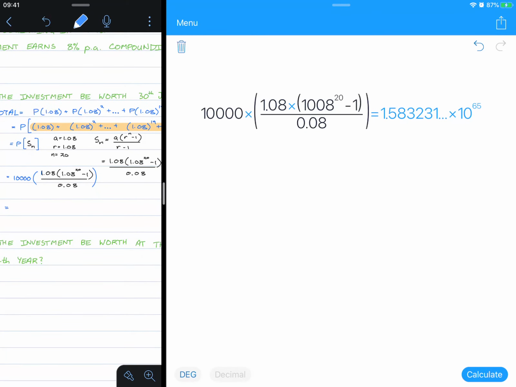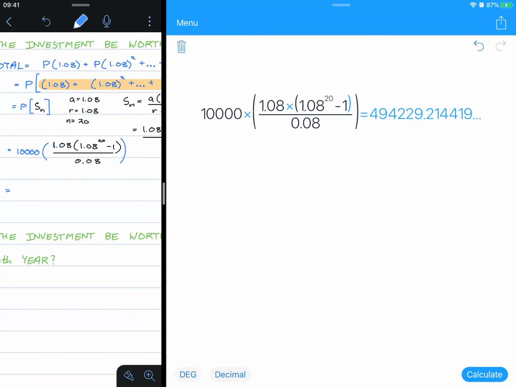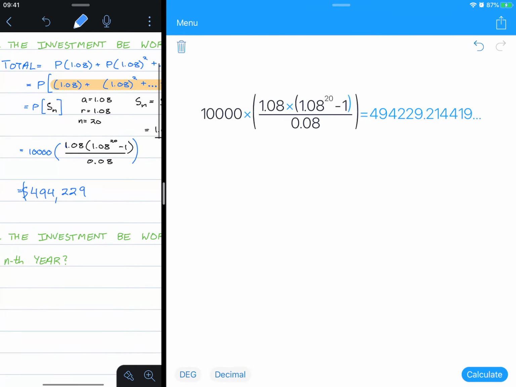Oh, there's too many things there. Let me try again. 1.08 to the power of 20 minus 1. There we go. So this in total will give me $494,229. That's just to the nearest whole value.